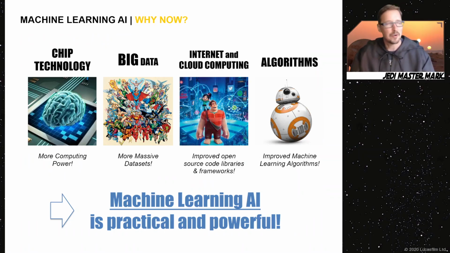So why now? Why are people learning about machine learning and AI now? We can go left to right here, but there are a number of reasons, and I've just chosen four of them that seem to play a big role. One would be chip technology.